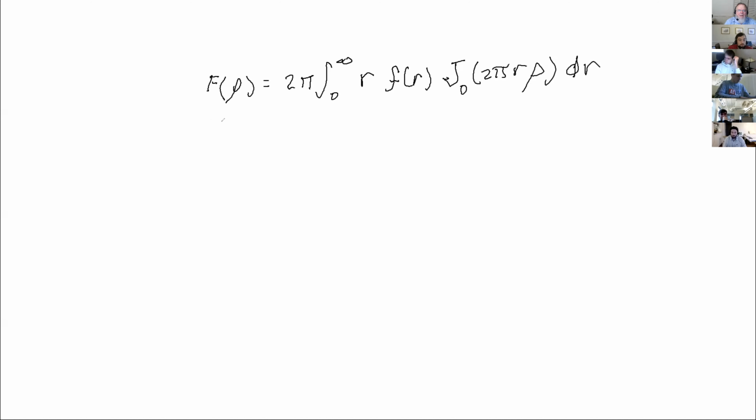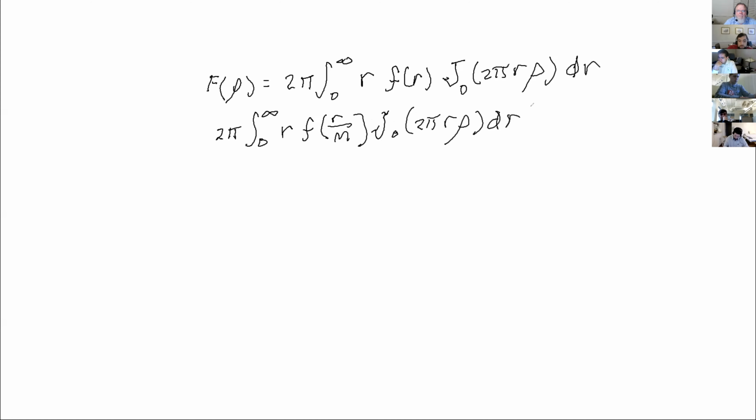So we're asking ourselves, what is the corresponding case when instead of just r, you have f of r over m? That's what we're trying to figure out, correct?